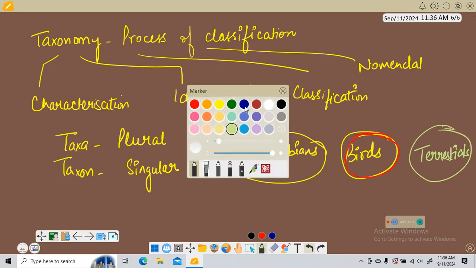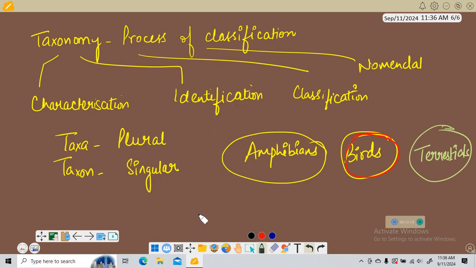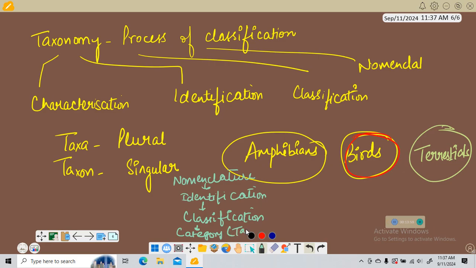So till now we have studied nomenclature, then identification, then classification, and after classification come categories, and the scientific term for category is taxa.